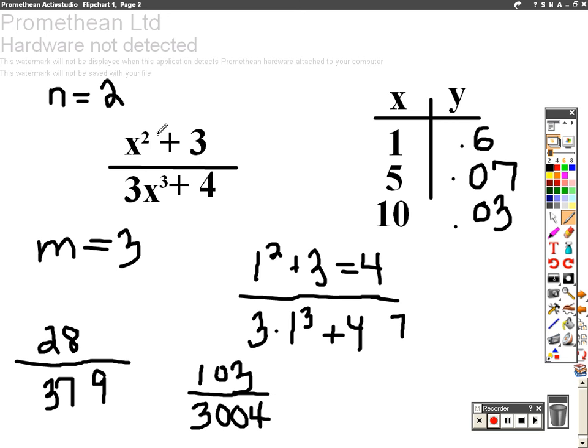So your top is a part out of the whole, and the whole's getting bigger, but your top's not getting as big as quickly, so it's getting closer and closer to 0. The concept is, when you're looking at asymptotes, what is happening to y when x is heading to infinity? So as x is getting bigger and bigger, what is happening to y?